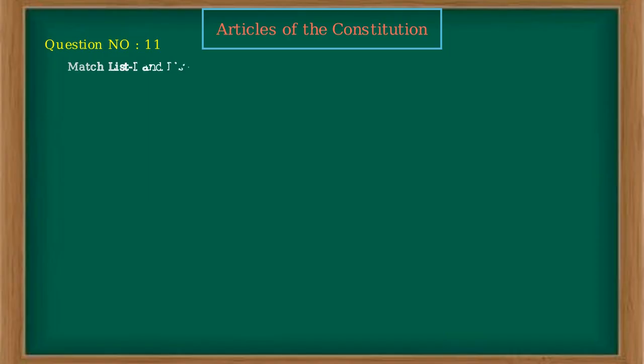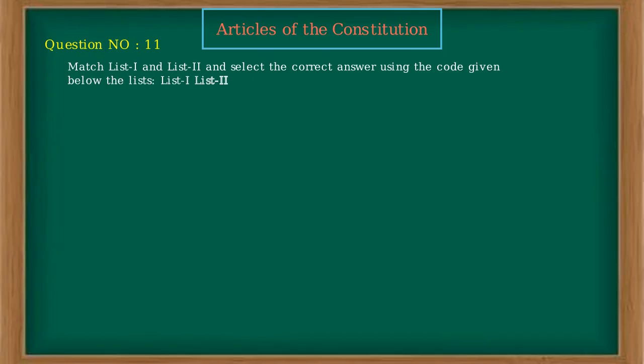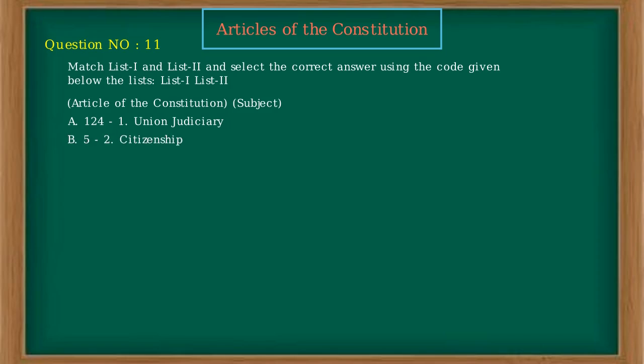Match List 1 and List 2 and select the correct answer using the code given below the lists. List 1, Article of the Constitution; List 2, Subject. A. 124, 1. Union Judiciary. B. 5, 2. Citizenship. C. 352, 3. Emergency Provisions.